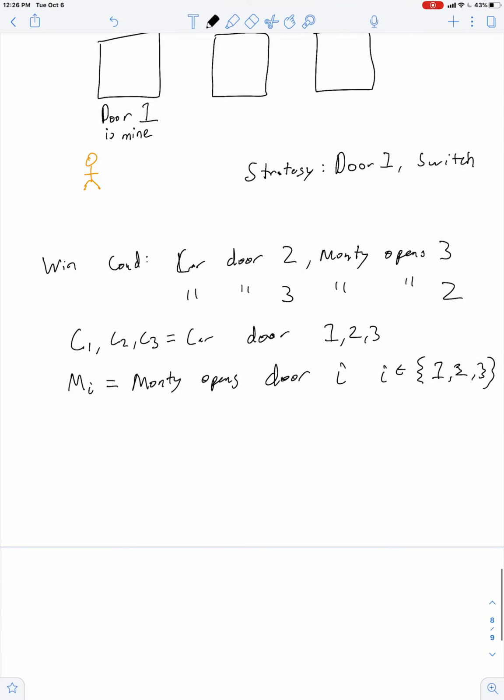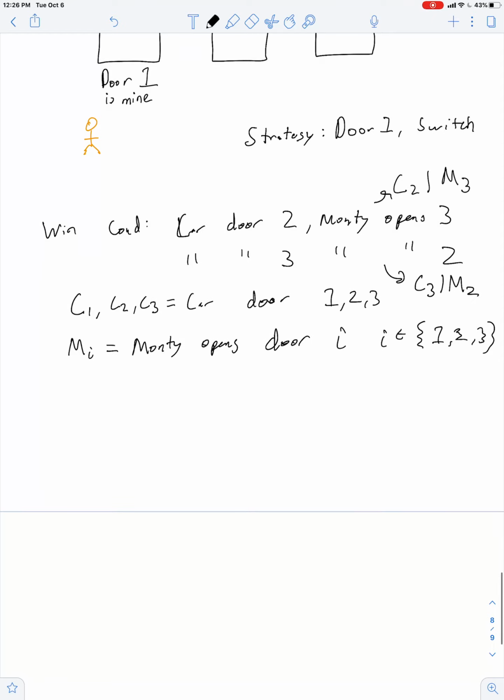Okay, great. Then, mathematically, my win conditions are C2 given M3, and that one goes with this win condition here. And then this other win condition is C3 given M2. So I want to find both of those things.